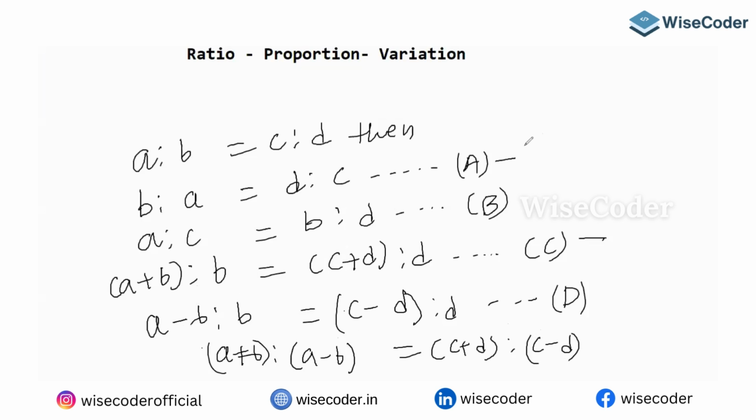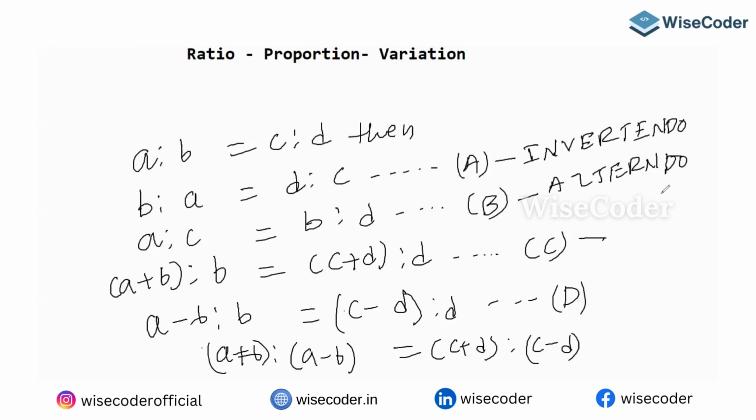If you closely observe, relationship A is called invertendo. Relationship B is called alternando.